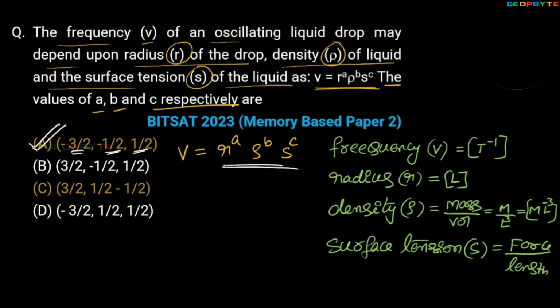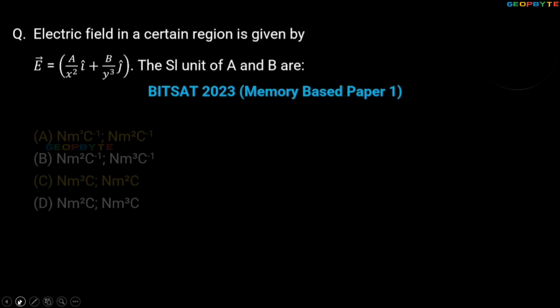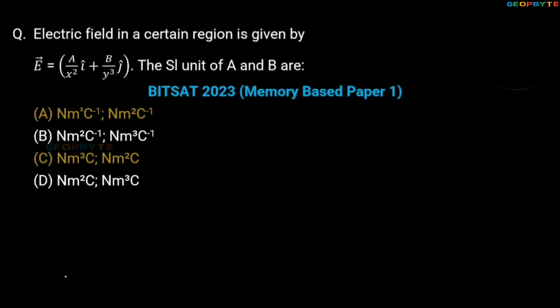Understood clearly? I try to explain each and every point at your understanding level. Similarly, let us take another important problem. It is asking like this: the electric field in a certain region is given by E equals A by x^2 i cap plus B by y^3 j cap.